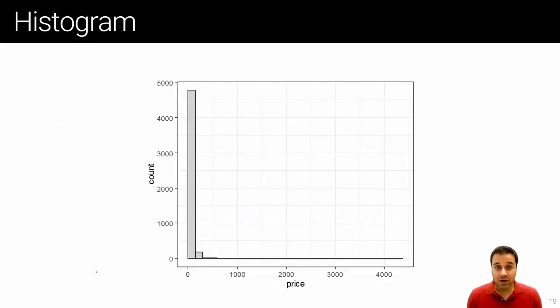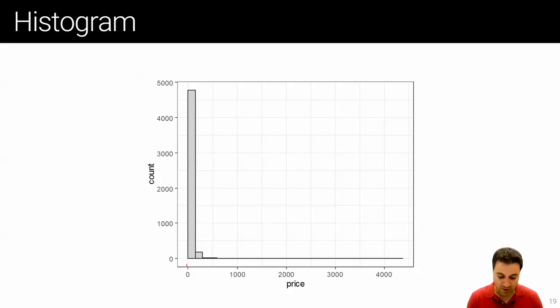And of course, we can look into different charts, different plots. The most typical one is the histogram. It looks a lot like a bar plot, but it has several differences. So first of all, here in the x-axis, it takes the whole range of data and divides the data into different bins or different buckets.